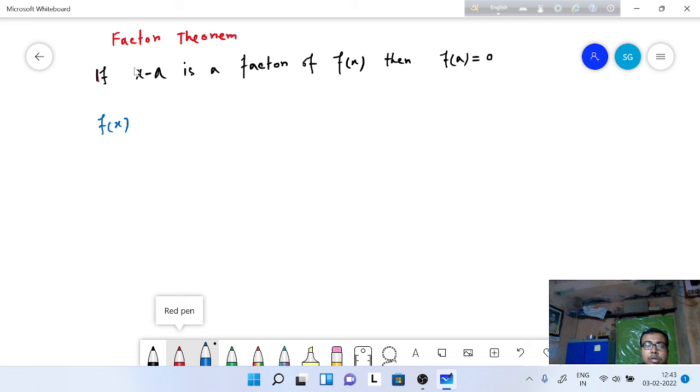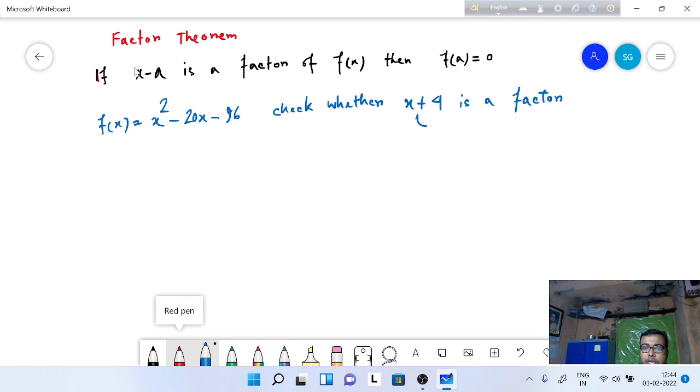Let f(x) equal to x square minus 20x minus 96, and they are asking to check whether x plus 4 is a factor.